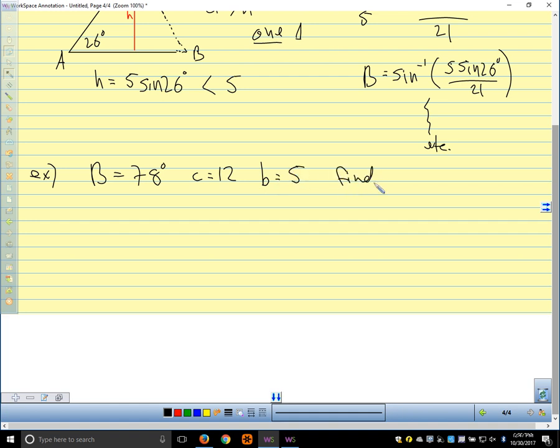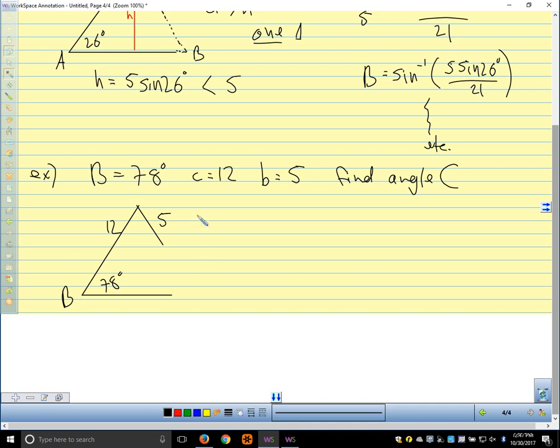We want to find angle C. So let's draw a picture. Always draw a picture. And I'm going to say this is 78 degrees, this is 5, and this is 12.